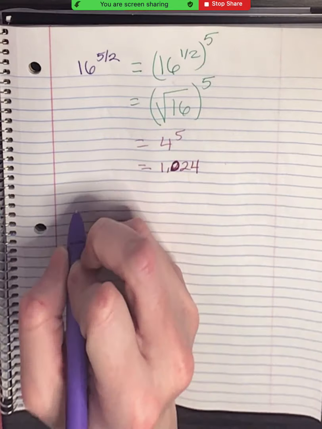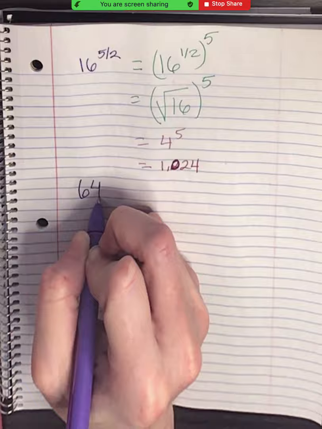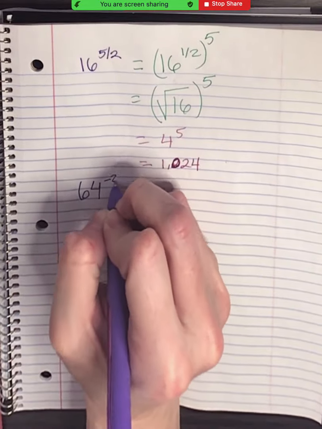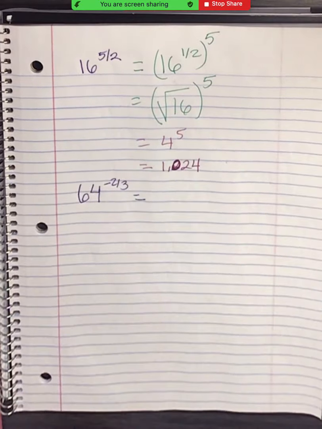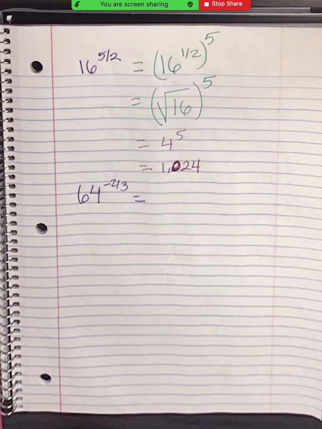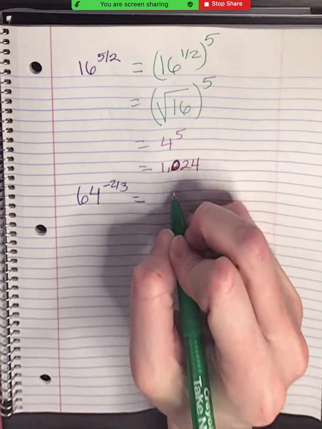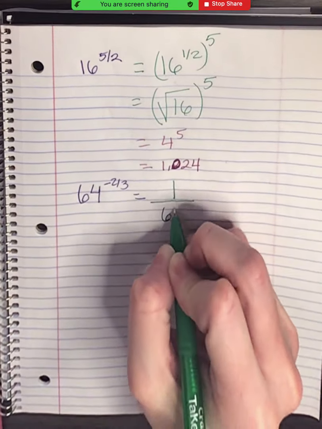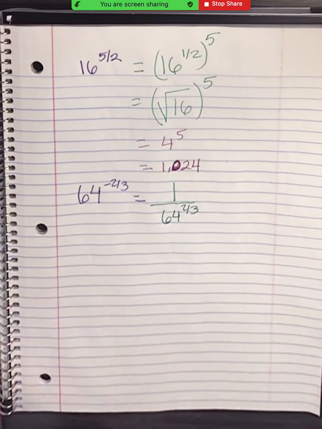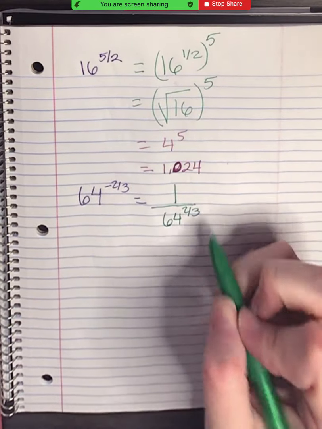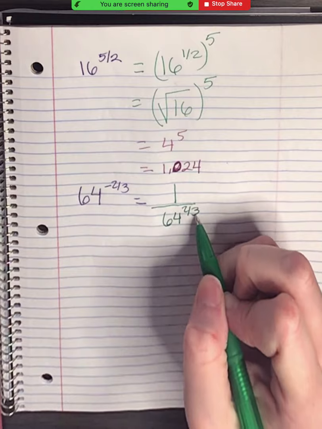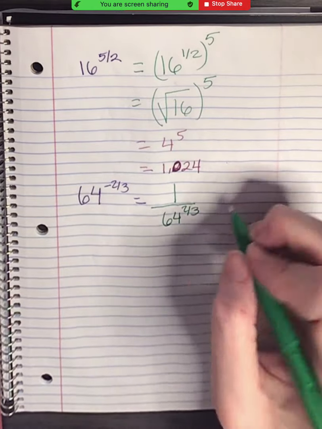If I have 64 to the negative 2/3, the first thing I would deal with is the negative exponent, right? So I'm going to make that 1 over 64 to the positive 2/3. Looking at the denominator, that's the root. So can you take the 3rd root of 64?